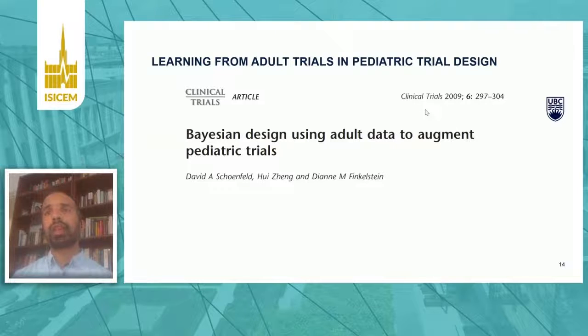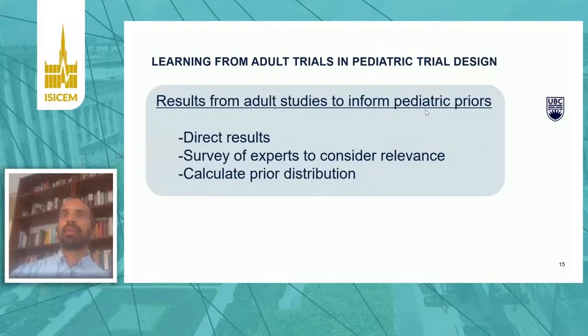What this would look like is that data would emerge from adult trials and then be incorporated into pediatric design. Survey results of experts to consider relevance, as well as direct results from the studies themselves that are performed in adults, help better calculate a prior distribution of how you can calculate a sample size and design your clinical trial.